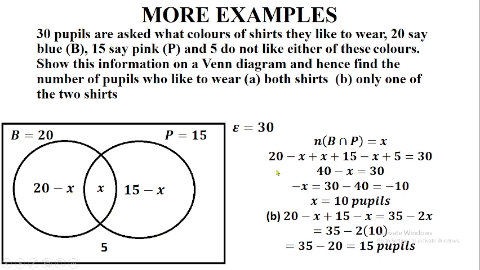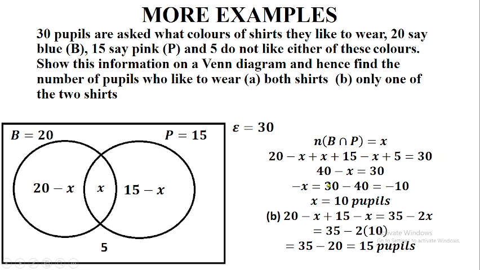So we have 20 minus X plus X plus 15 minus X plus this 5 is equal to 30. Then from there we can collect like terms. 20 plus 15 will give us 35, plus 5 will give us 40. Minus X plus X will give us 0. Then 0 minus X will give us minus X.